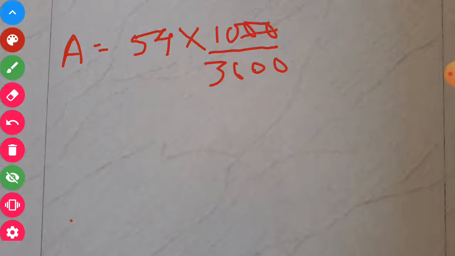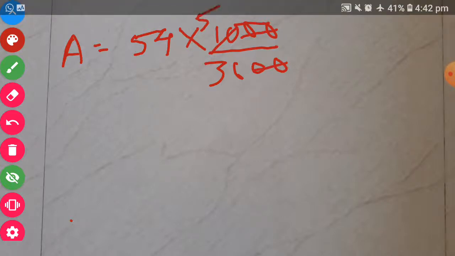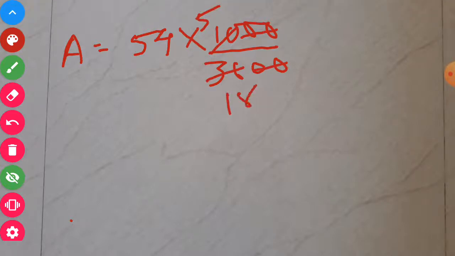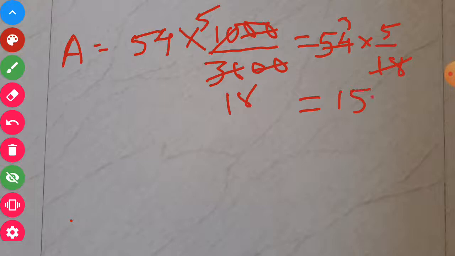So just simplify, this becomes 5, this becomes 18. So just remember this number 5 by 18. Whenever kilometer per hour is given, you just multiply it by 5 by 18. So 18 3s are 54, and it becomes 15 meter per second.